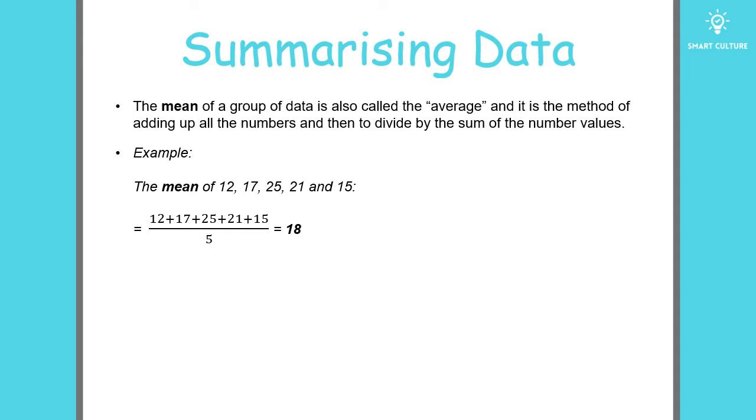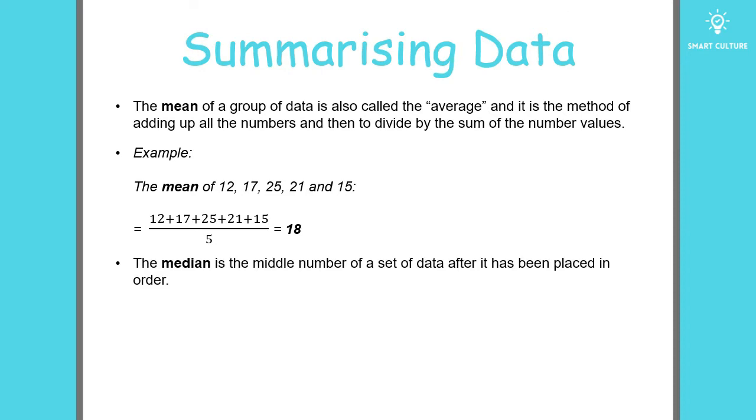Let's move on to the median. The median is the middle number of a set of data after it has been placed in order, so from smallest to largest. Let's take a look at an example. The median of 12, 17, 25, 21, and 15 will be equal to 17 because this is the middle value.